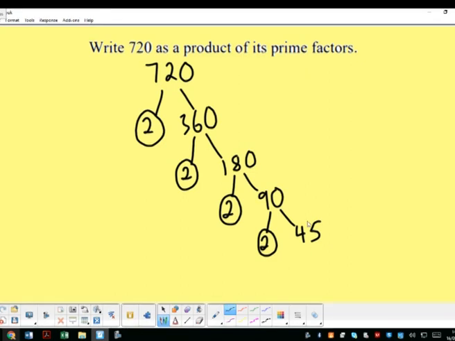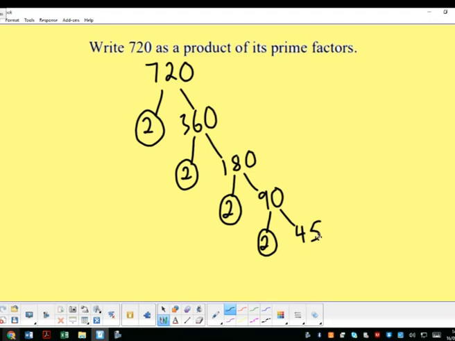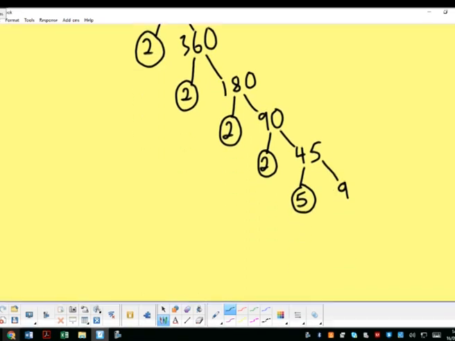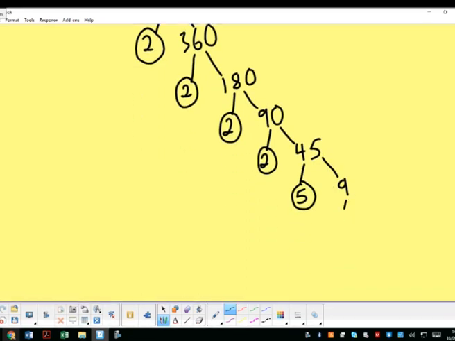45, we can't divide by 2 because it's an odd number, but it's got a 5 at the end, so we know we can divide by 5, which gives us 9. Again, be careful, 9 is not a prime number. So we break that down again. What goes into 9? 3 times 3.